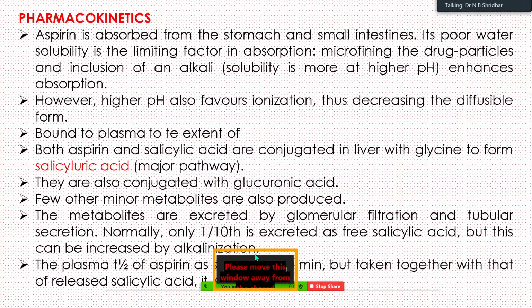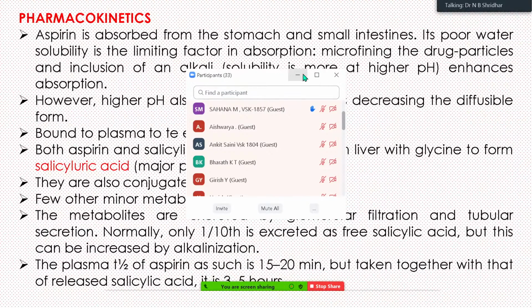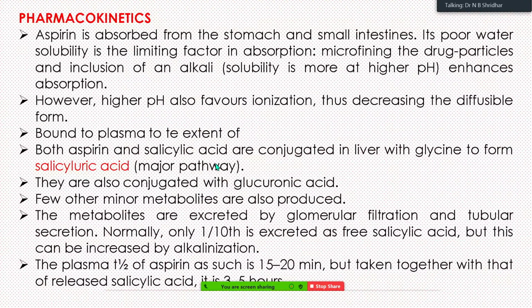The metabolites are excreted by glomerular filtration and tubular secretion. Normally only one tenth is excreted as free salicylic acid, but this can be increased by alkalization of the urine. The plasma half-life of aspirin is 15 to 20 minutes, a very short half-life, while that of its metabolite salicylic acid is 3 to 5 hours.